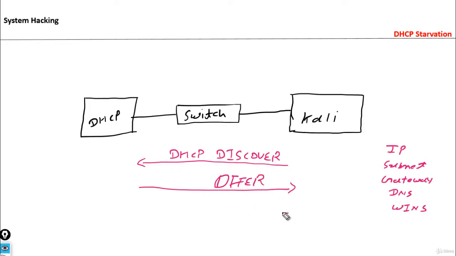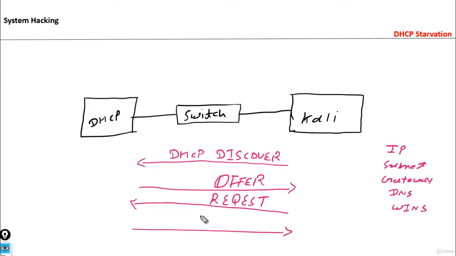When the client receives the offer message, it sends a DHCP request message to the server, and when the DHCP server receives the request message, it sends a DHCP acknowledgement packet with the IP address, subnet mask, gateway, DNS, and WINS server configurations. Sometimes it's also known as the DORA process.